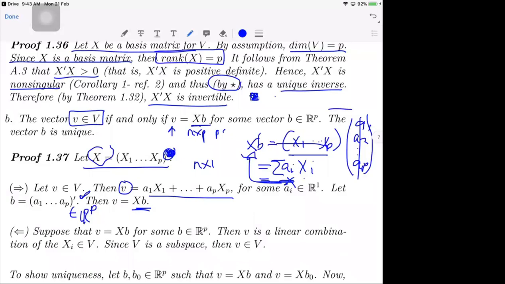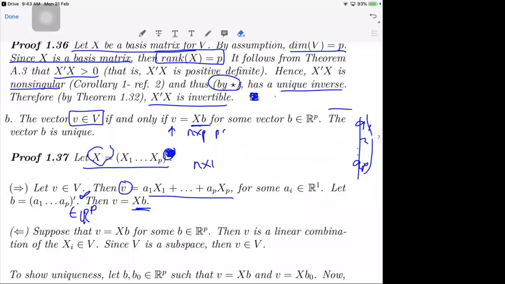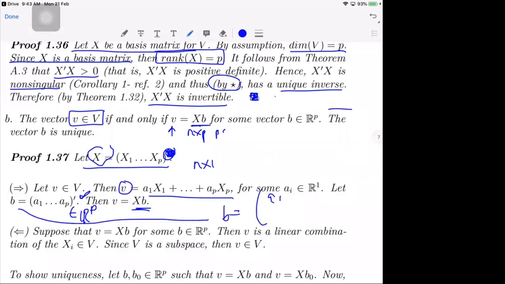So CB patindog. Okay. Because I can B here should be A1 to AP. Para dili ko mag-inana pagkasulat, I rewrite B as A1 AP prime. So actually, kana na siya.